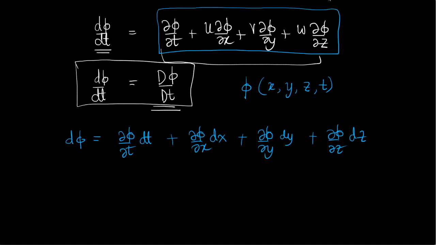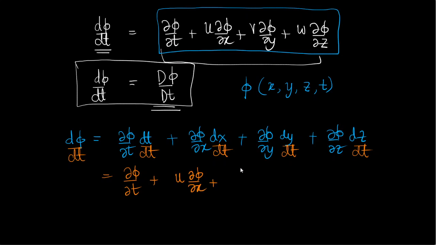Then I can simply divide by dt on the left hand side, and this will give me simply del phi del t plus, so dx dt is going to be the u velocity at that point, dy dt is going to be the v velocity at that point, and dz dt is going to be the w velocity at that point.